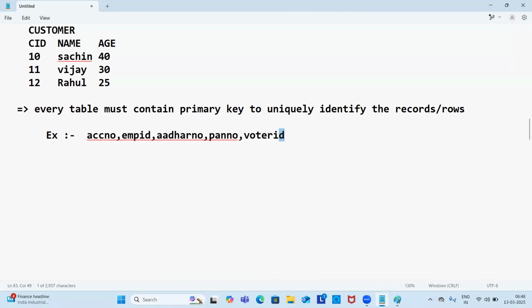All these are examples for primary keys. Like in the US, SSN. Their purpose is uniquely identifying. So this is another rule: if a table is there, a primary key must be there.